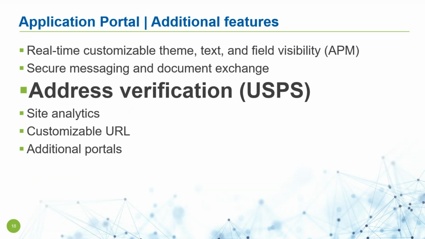We also have advanced address verification on the lender side that we can enable for the application portal as well. So you can make sure the addresses are formatted correctly, saving your return mail costs, but also those pesky red flag address discrepancy alerts on the loan side. You get a lot of false positives because the Southwest is in the wrong place or the avenue is not spelled out or something like that.